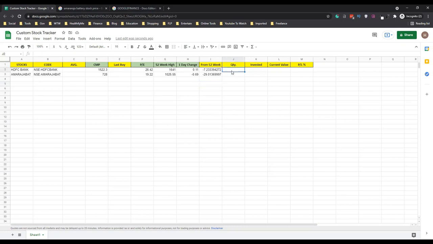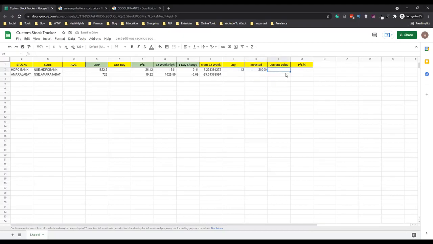The next column is quantity. Whenever we purchase, suppose I have 10 quantity and today I purchase two more stocks, then I have to update from 10 to 12 stocks. And suppose till now I have invested 20,000. So these two columns we have to enter manually.